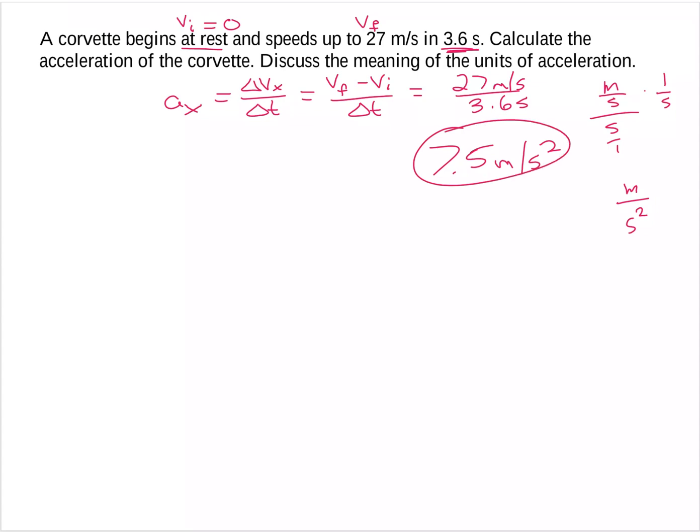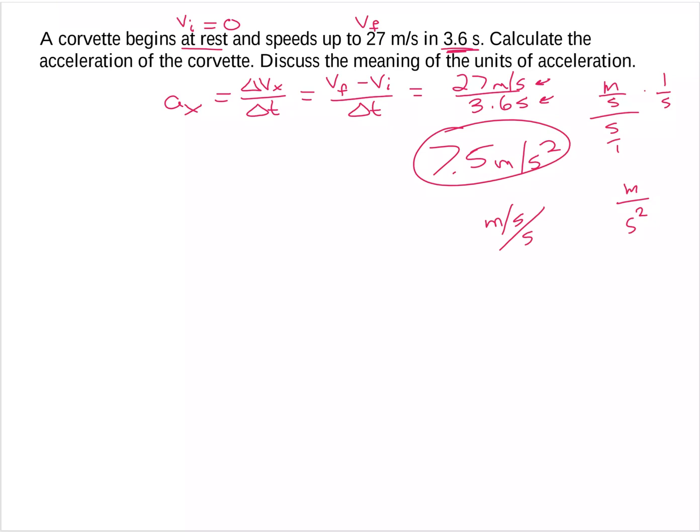Okay, but now discuss the meaning of the acceleration. What does that mean? So if I don't multiply this out, the best way to understand this is if I leave it as meters per second, and then I leave that there per second. So meters per second per second. What does that mean?